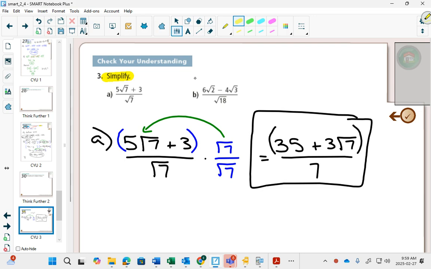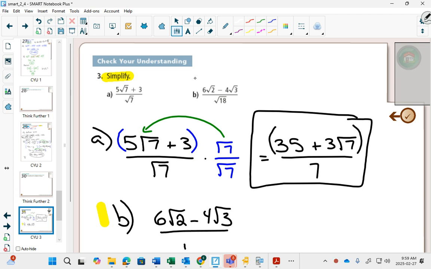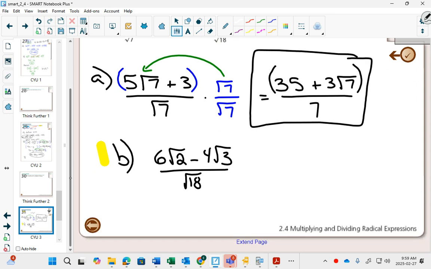There's our final answer: 35 plus 3 root 7 all over 7. In B, I am going to rewrite it: 6 root 2 minus 4 root 3 all over the square root of 18. And we're asked to simplify.